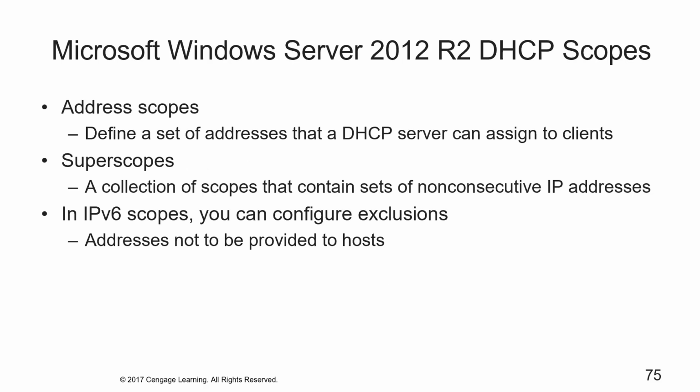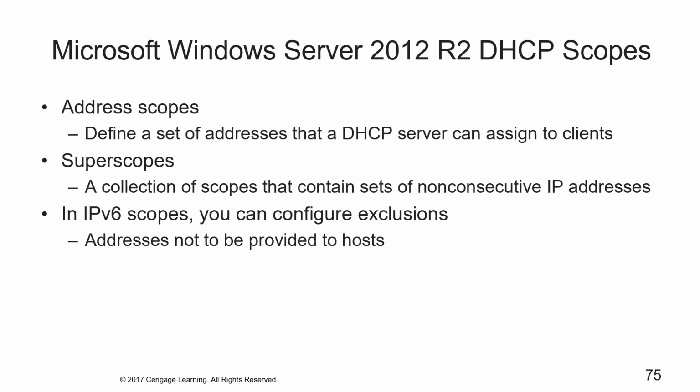So on Windows Server 2012 R2, when we talk about scopes for DHCP, the address scopes define a set of addresses that a DHCP server can assign to clients. Superscopes represent a collection of scopes that contain non-consecutive IP addresses.